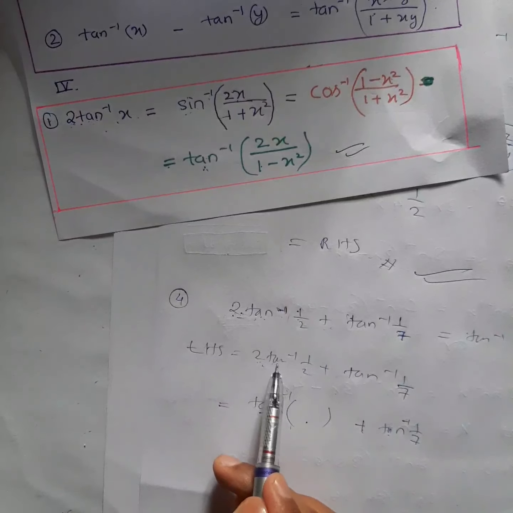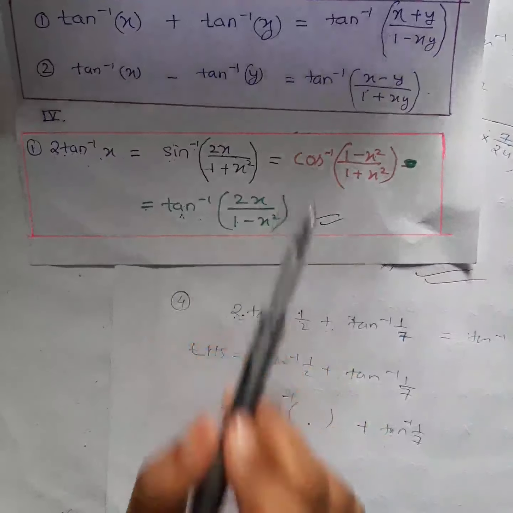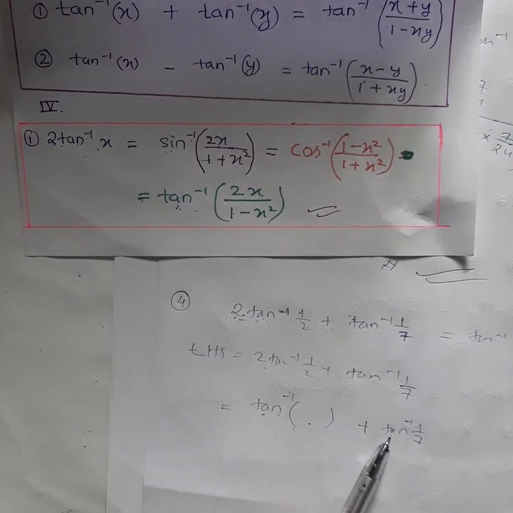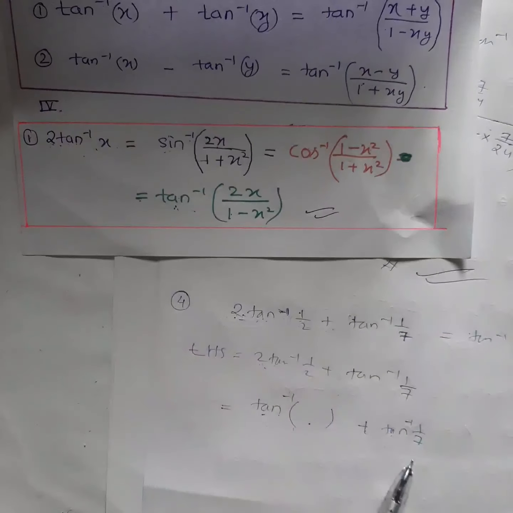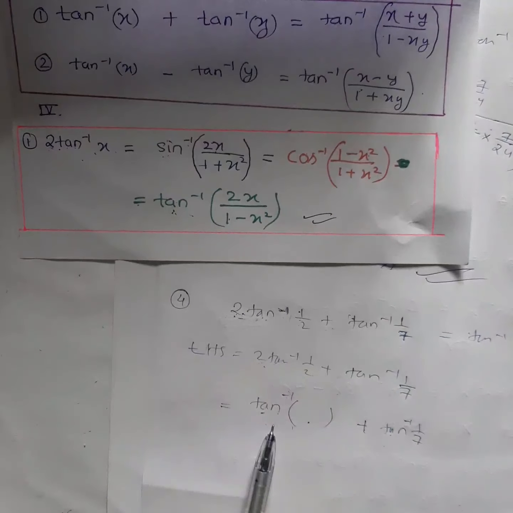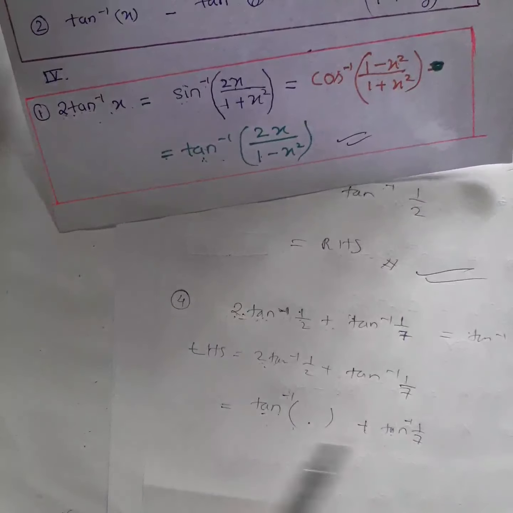So in place of this one, try to use this identity. Don't use this or this, because if you use this one, it will become sine inverse here. After that it will be a problem, because tan inverse 1 by 7 we don't know how to solve. What is the value? So sine inverse, whatever comes out, even if you get the answer for that, you won't get it for this. So you cannot solve anymore and you cannot show this one, okay?